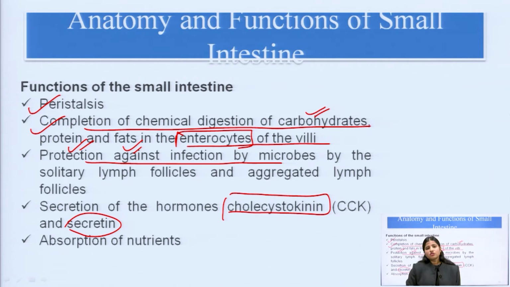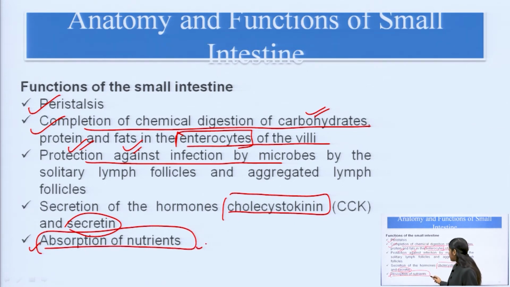Cholecystokinin activates the contraction of the gallbladder, and secretin enhances the secretion of bile. Ultimately they cause the production of bile, which will emulsify the fats, coming into the duodenum to emulsify the cholesterol. So, they are important for cholesterol metabolism or fat metabolism. Now, coming to the absorption of nutrients, it is a very important function.